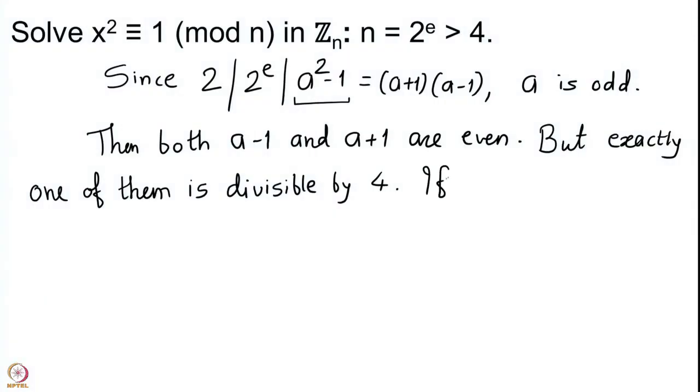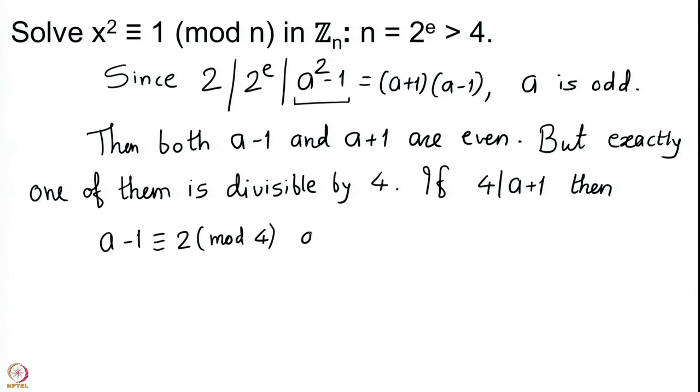If you assume that 4 divides a plus 1, then a plus 1 is 0 mod 4 and therefore a minus 1 is 2 mod 4. And then all the remaining powers of 2 will necessarily divide a plus 1, because no higher power of 2 other than 2 can divide a minus 1. A minus 1 is just 2 mod 4, even 4 does not divide it.